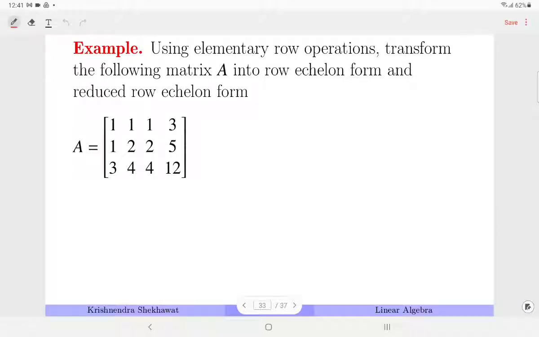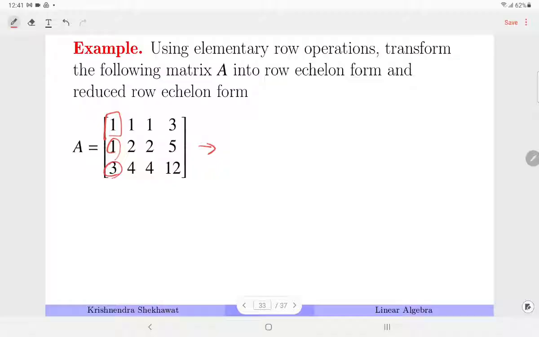So let's try a quick question. Using elementary row operations, transform the following matrix into REF and RREF. First we are going to transform into REF. For REF, first we need to identify a pivot entry, and below the pivot entry all entries should be equal to 0.